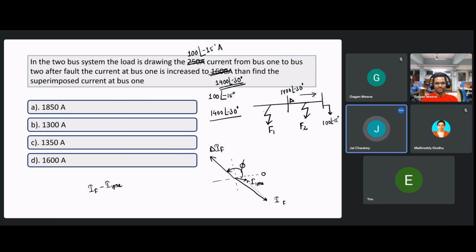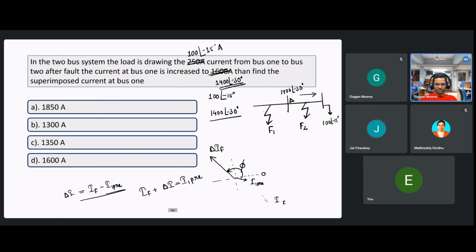We'll add, no? No, we want to subtract the pre-fault current from this fault current. Then we will get this IF. But what we are doing here is IF plus the superimposed component will be equal to I pre, no? We are doing the same thing here.